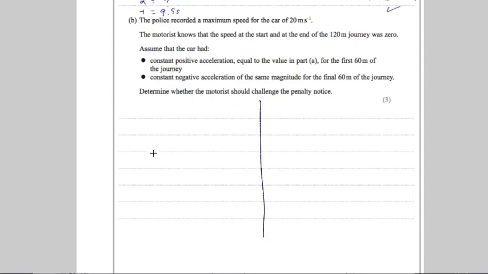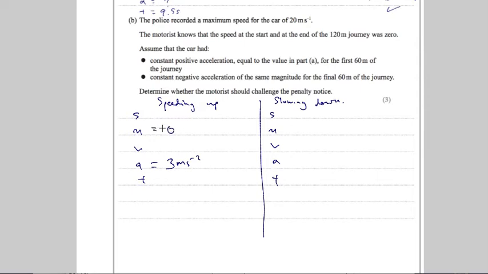We'll split the page in half and say that we've got S, U, V, A, T speeding up, and slowing down, S, U, V, A, T. Now let's see what would happen if we had an acceleration of 3 meters per second squared, as we've just found.